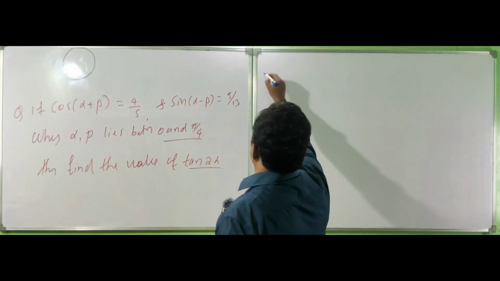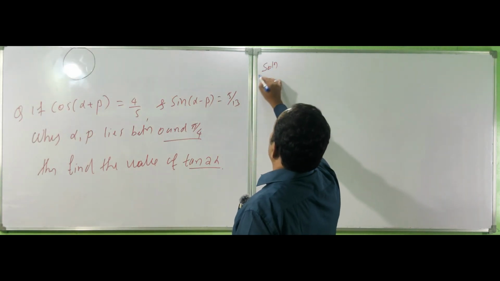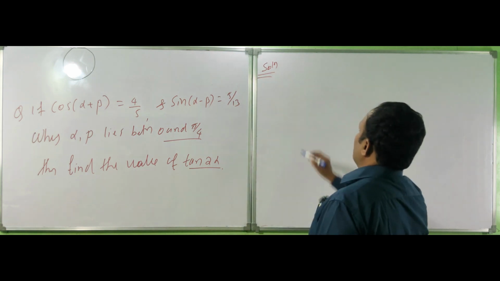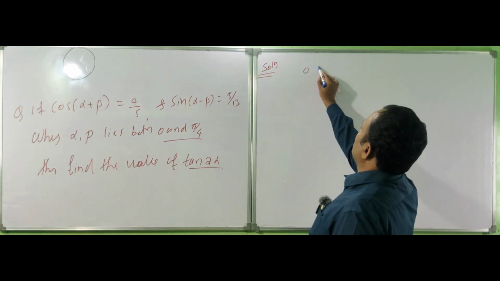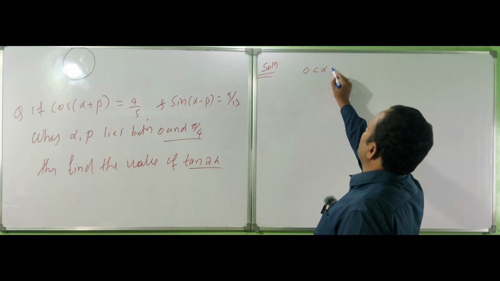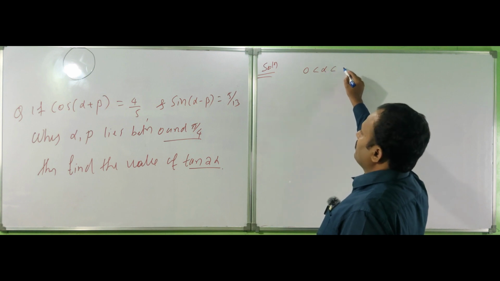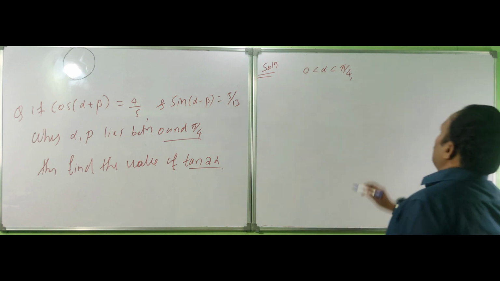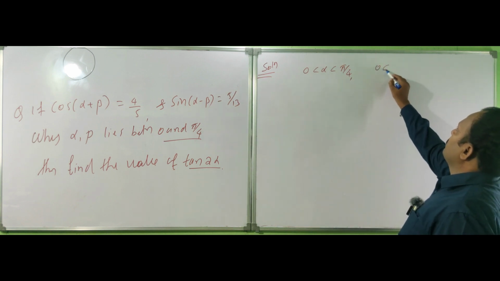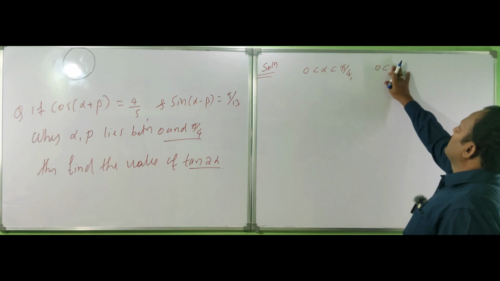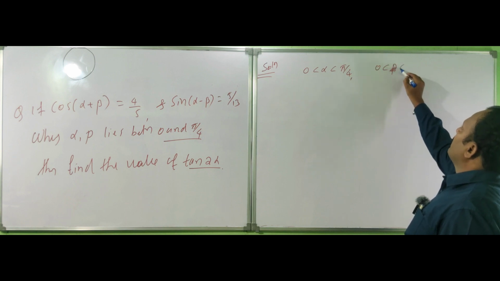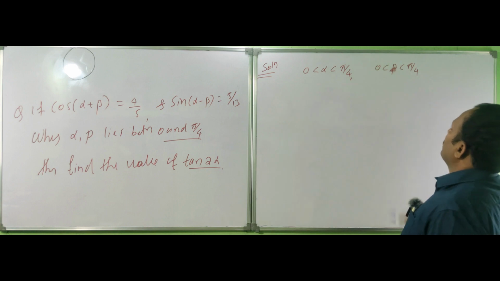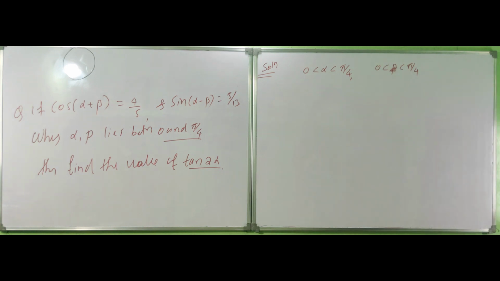Here we should first remember how alpha and beta behave. The angles alpha and beta are between 0 and pi by 4.